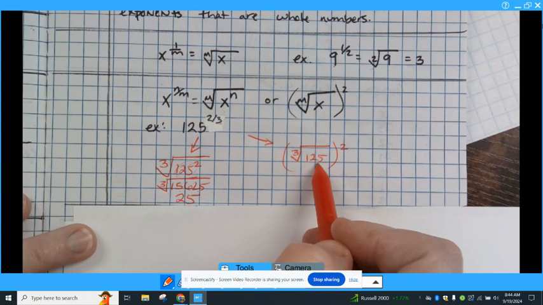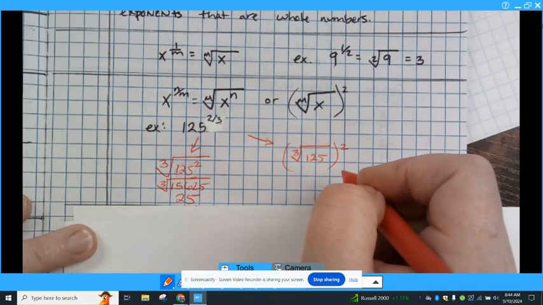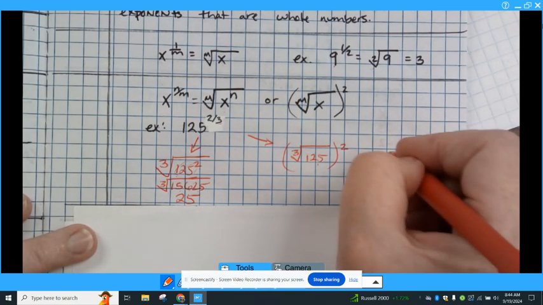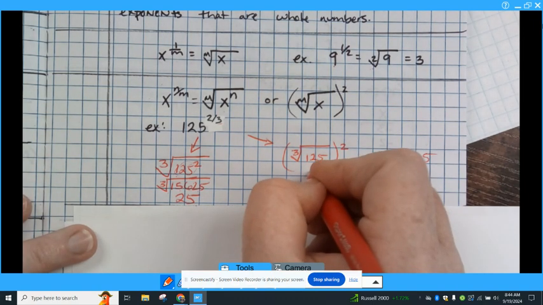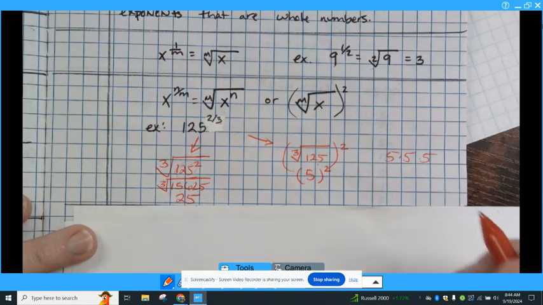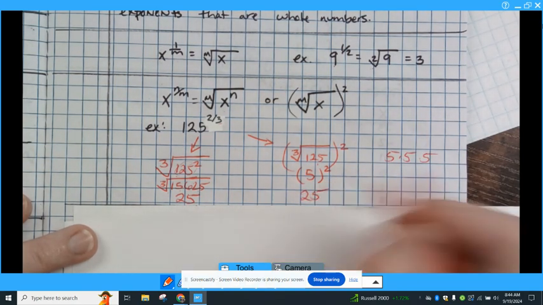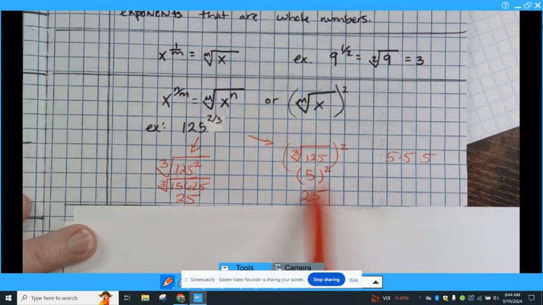You can use a calculator, or this is one of those math facts that in Math 3 you should know. 5 times 5 is 25, times 5, so 5 times 5 times 5 is 125. So the third root would be 5, but then we're going to square that. Well, 5 squared is 25. So both ways give you the same answer. One way I would definitely have to use a calculator for. The other way I wouldn't.